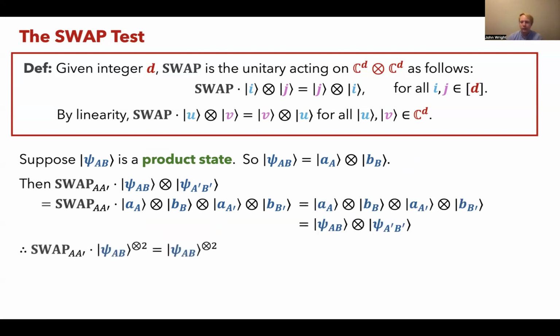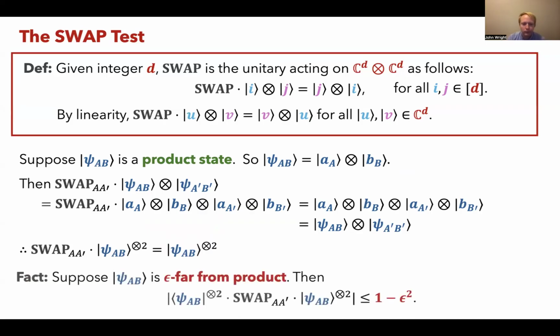So therefore, swap applied to the 2 A registers, if I multiply this by psi tensor 2, it just gives me back psi tensor 2. Now, it's a fact, I'm not going to prove it here, that if psi AB is not a product state, but is actually epsilon far from product, then let's suppose we take psi AB tensor 2, and we apply this swap operator to it.